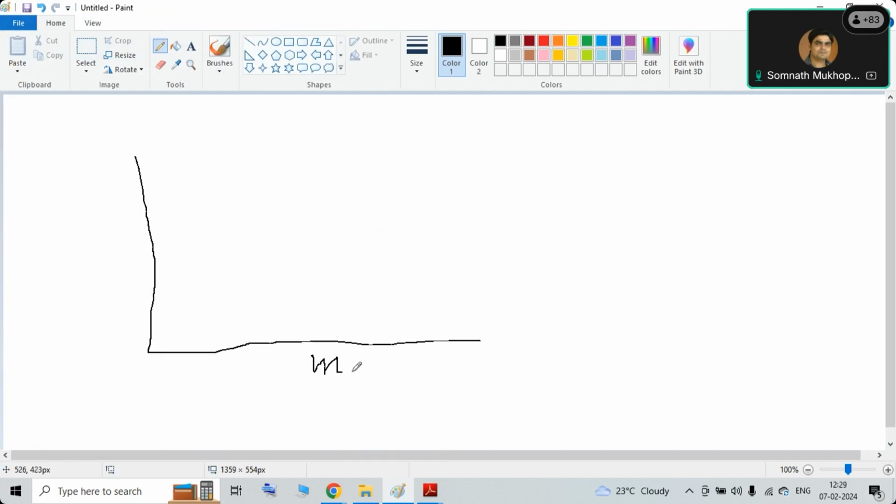The difference is the error. So we have to find an m for which this error is minimum.